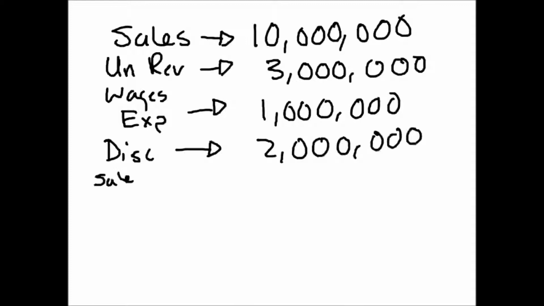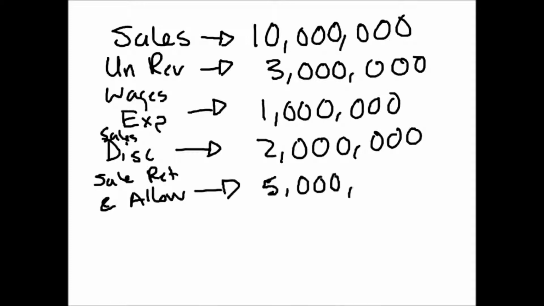And let's say sales discount, sales returns and allowances. Let's say $5 million of returns were made. What I want you guys to do for this one is calculate gross profit.